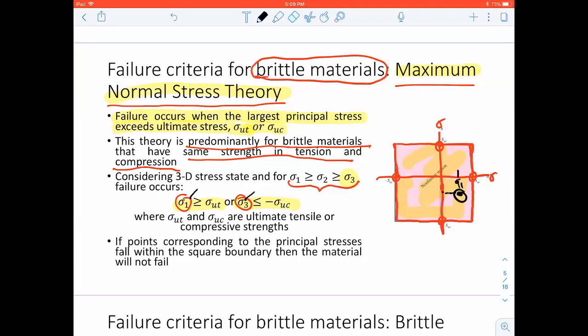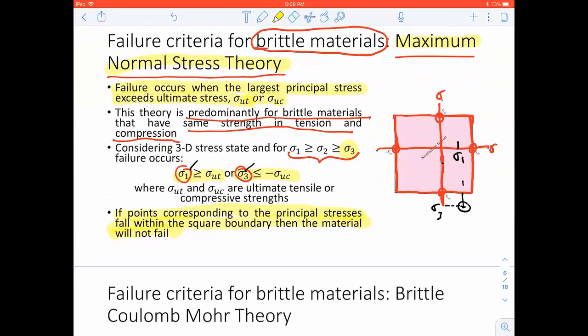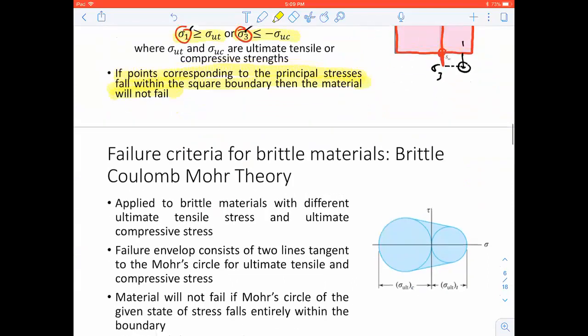What if you have sigma 1 here and sigma 3 somewhere here? It falls outside the range, so we will say it will fail. So if points corresponding to principal stresses fall within the square boundary, then the material will not fail. That is the maximum normal stress criterion.